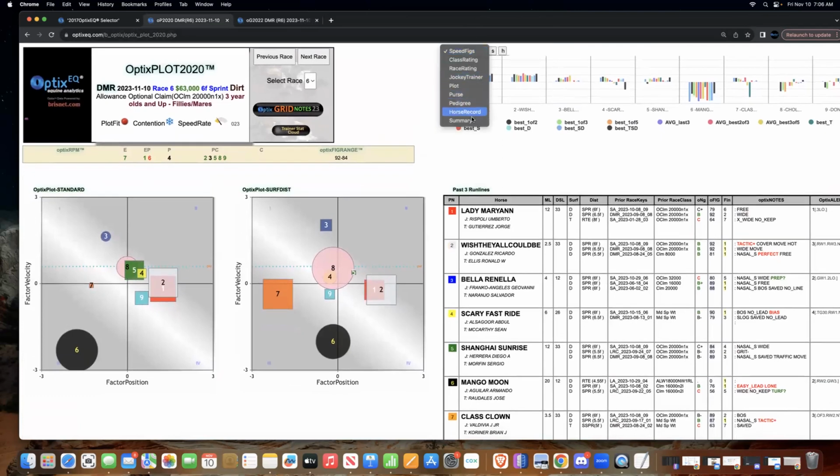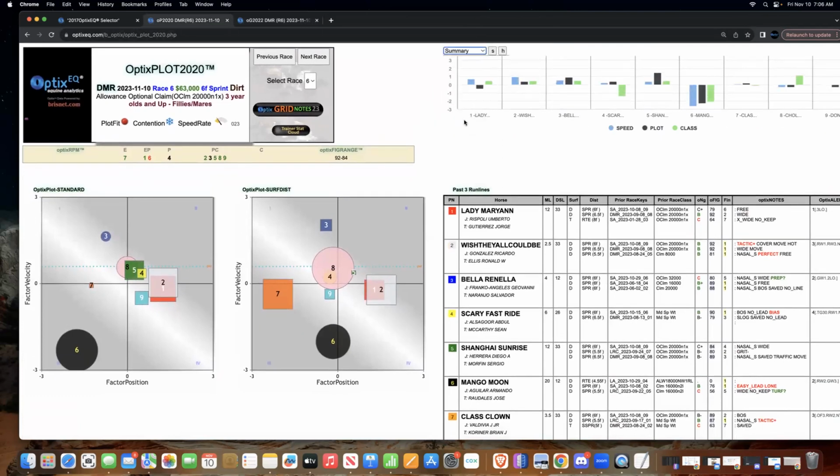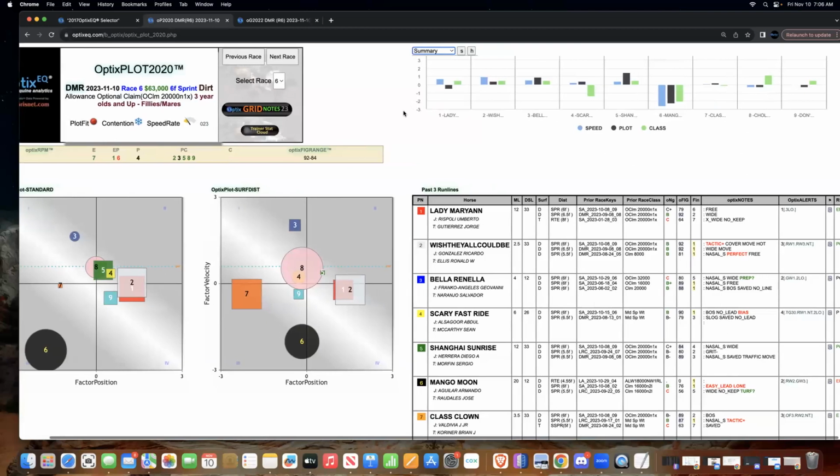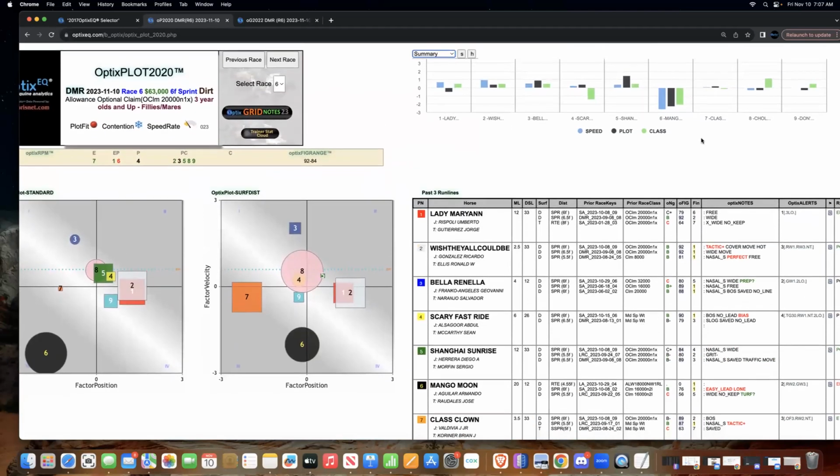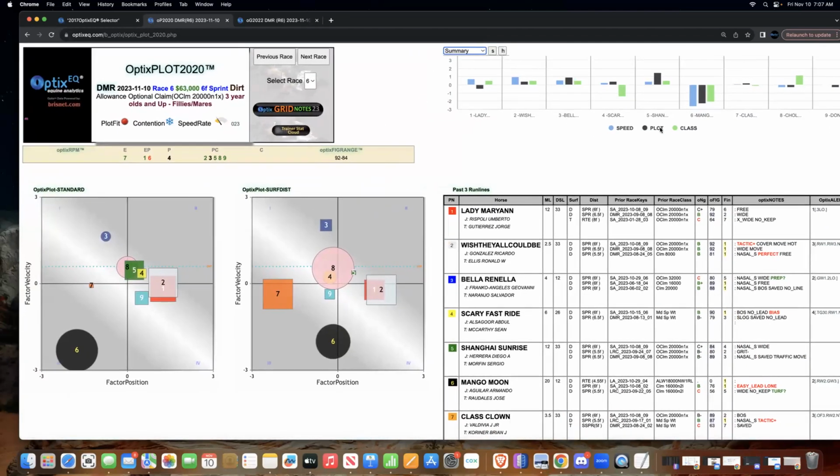Let's go to the summary and see if there's anything else. The 8 looks like it has a bit of a class edge on these horses, so that's somebody we want to look at. And you can see these bars again: class, plot, which is pace and speed. This horse again looks like it may have a class edge in this race.